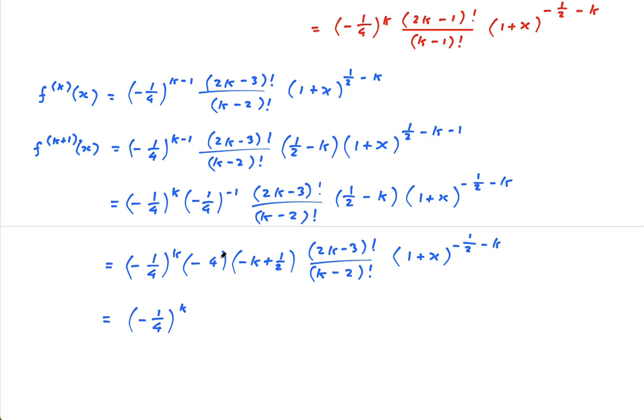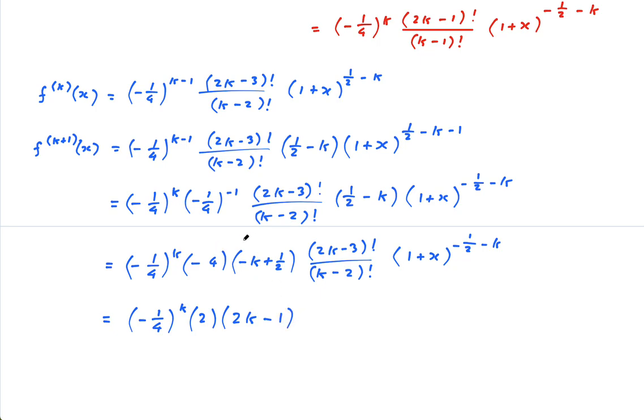Now, I'm going to multiply out these powers, but I'm actually just going to multiply out the minus 2. So instead of minus 4, I'm going to put 2 times, and I'll show you why I'm doing this in a second, 2 times 2k minus 1.